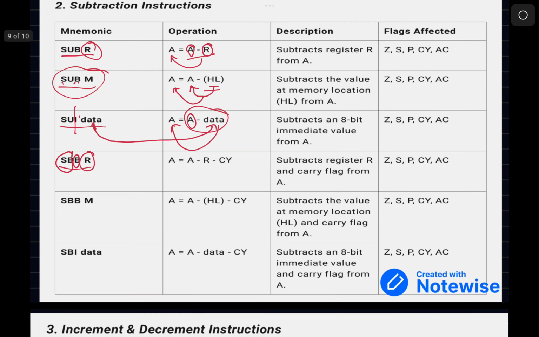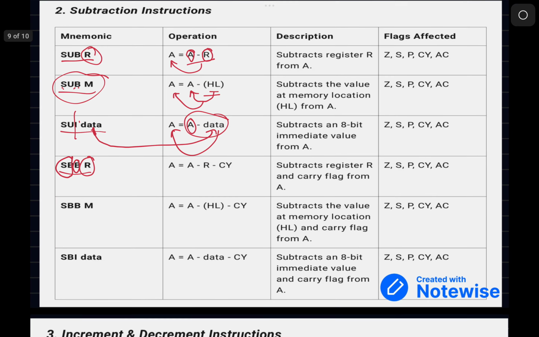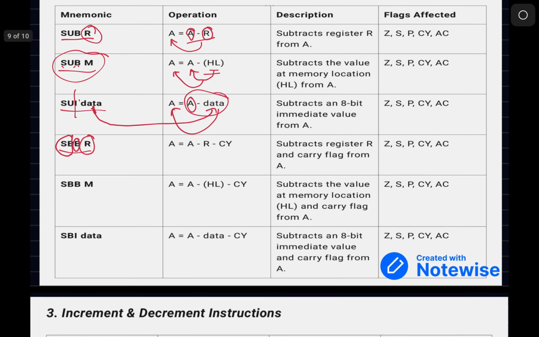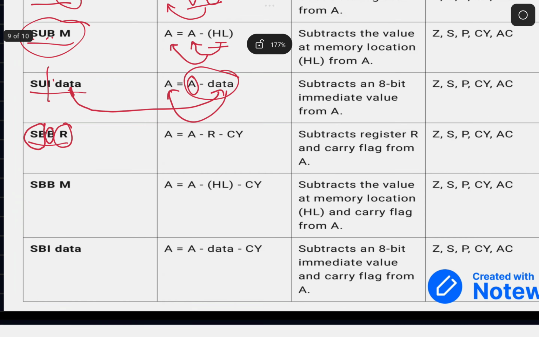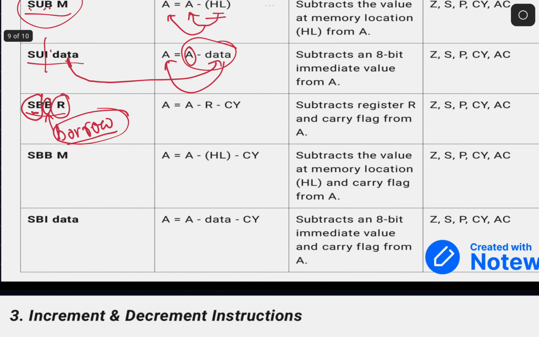So in the same way, in the subtraction instruction also, if there is an additional B, right? This SB represents subtraction, and this additional B represents borrow, right? Borrow. So we have to take care of the borrow.